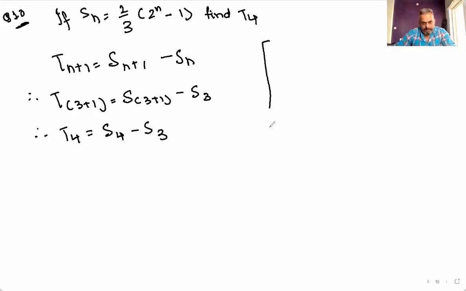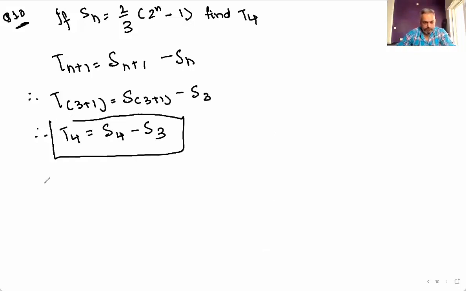Now directly we can do it. Now let's first find out S4 and S3. Sn is equal to 2 by 3 into 2 raised to n minus 1.